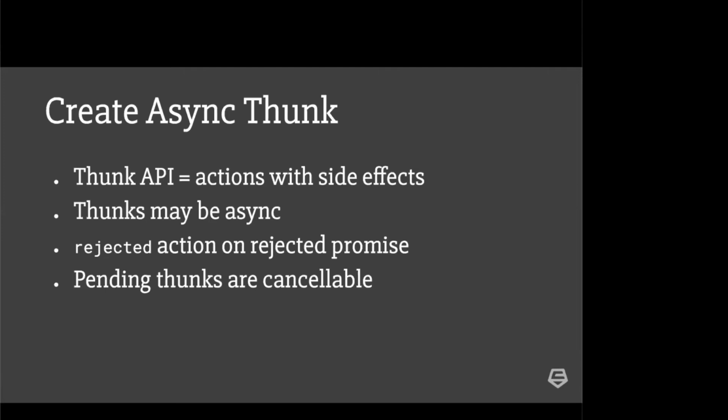The Redux Thunk middleware reflects upon all the actions that are coming through Redux. Anytime you have a thunk, it evaluates this thunk and handles any side effects before hitting the root reducer. So that's all well and good, but what is really rad about this is that thunks may be async.